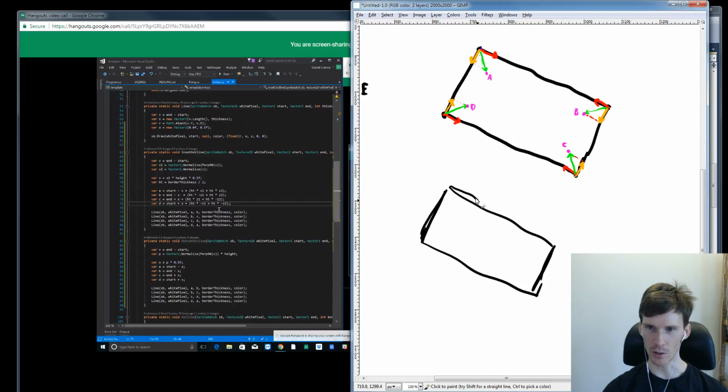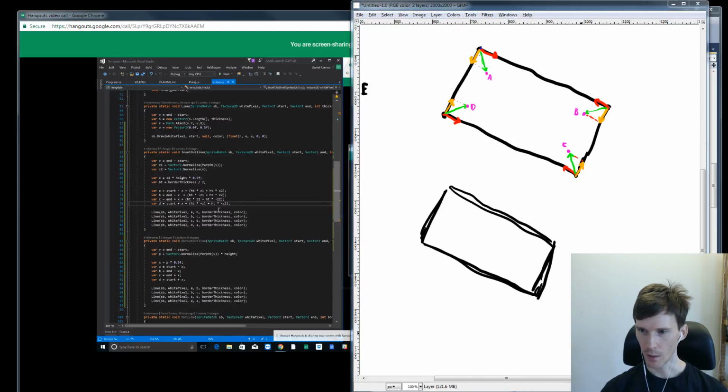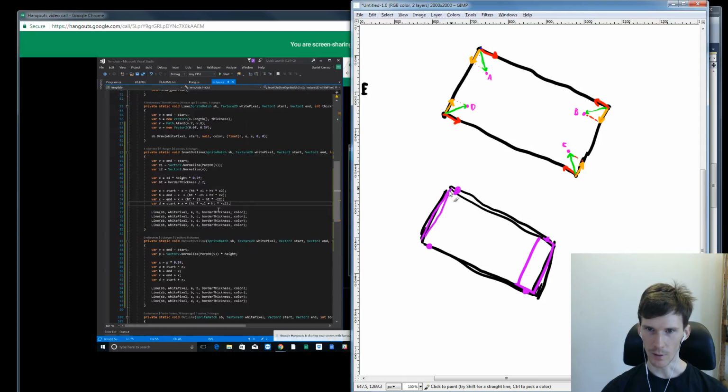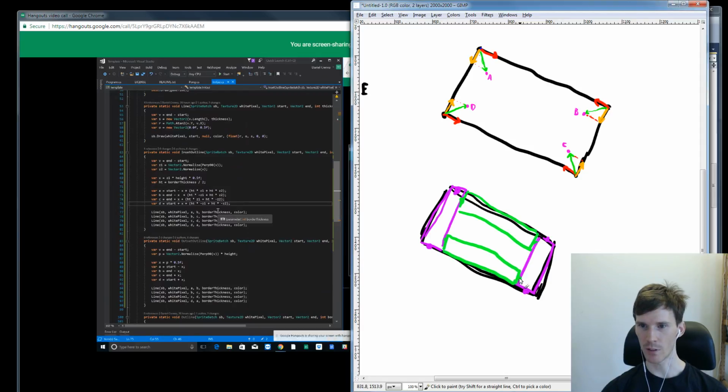But if you actually wanted to use this for a real thing, you probably want the points there and there and there and there, which gives you those lines, and then you want the points there and there and there and there, which will give you these lines, and then it will look a lot prettier. But then rather than 4 points, you need 8 points.